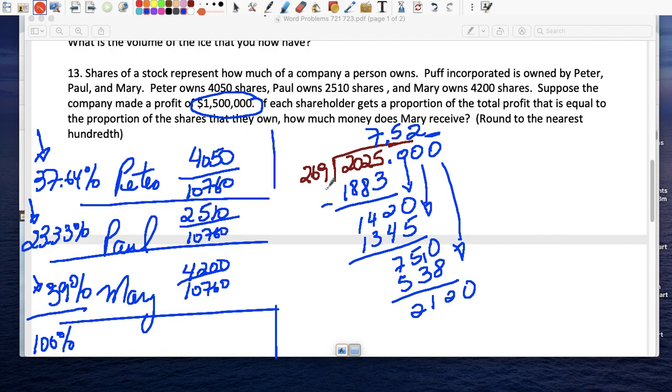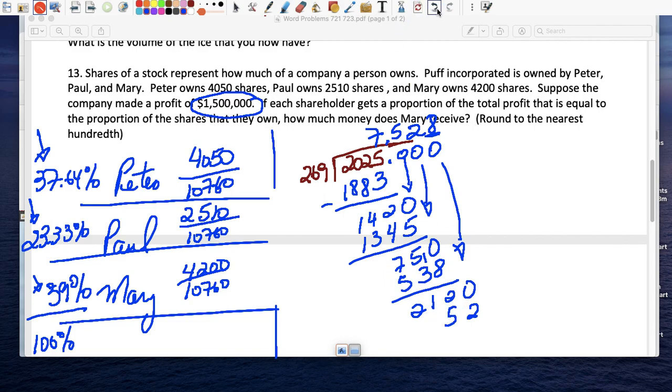Try an 8. 8 and 9 is 72, carry 7. 8 and 6 is 48, plus 7, 55, carry 5, 16.